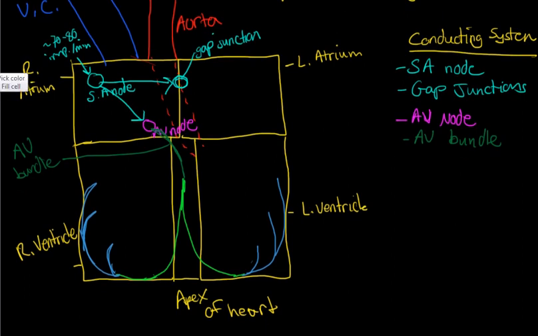So we'll walk through that conduction system really quick here. Remember, the SA node produces 70 to 80 impulses per minute, and when that contraction occurs, both the atrium are going to contract at the same time, and that's going to be facilitated through gap junctions. Then an electrical signal is going to signal through the AV node, which is going to cause just a little bit of a delay until it goes through the AV bundle or bundle of His, then down through the bundle branches.